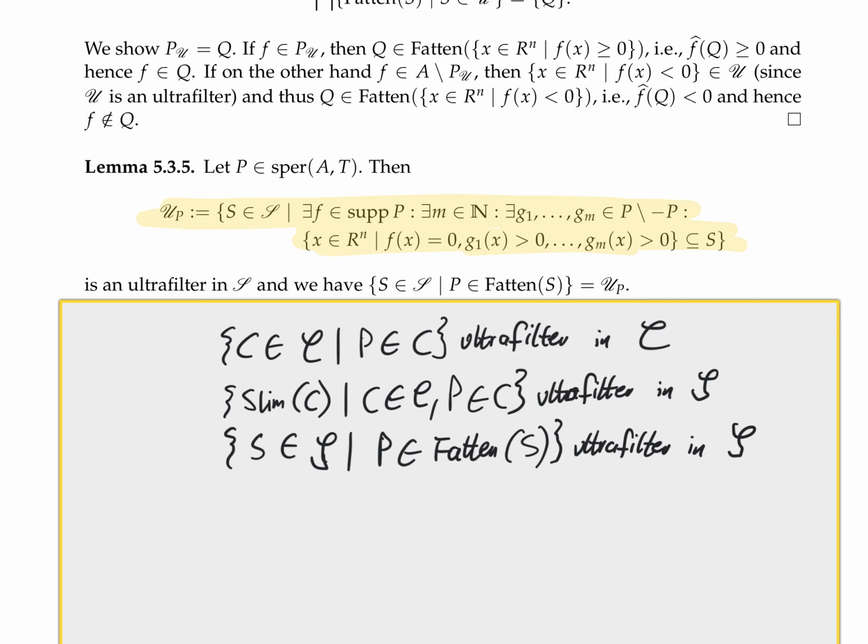So the question is how do you do this? And it turns out that this is the right way.